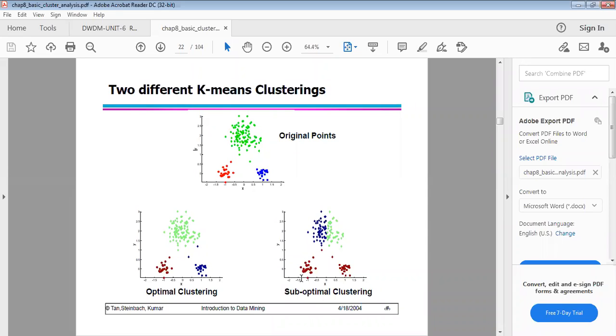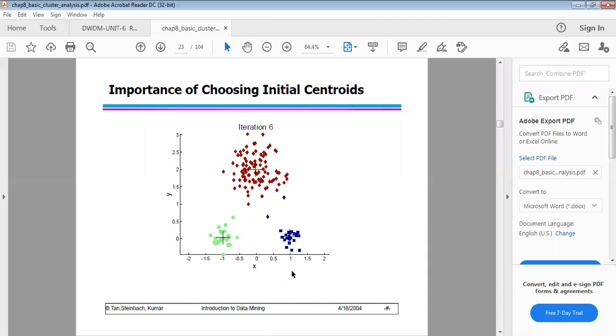Again, we have suboptimal clustering. Suboptimal clustering is where you divide one particular cluster into suboptimal clusters. That is simply represented as optimal and suboptimal clusterings. So this is the importance of choosing the initial centroids.